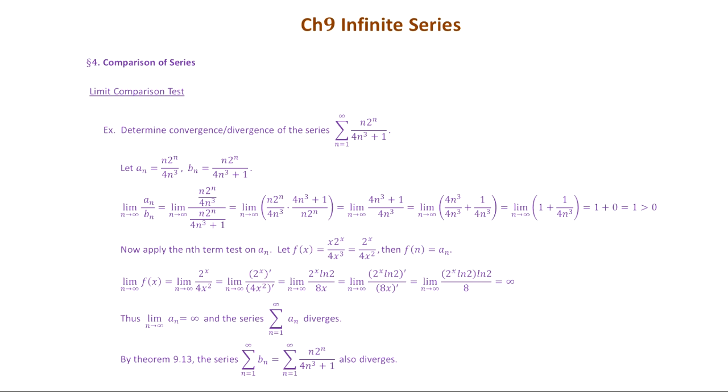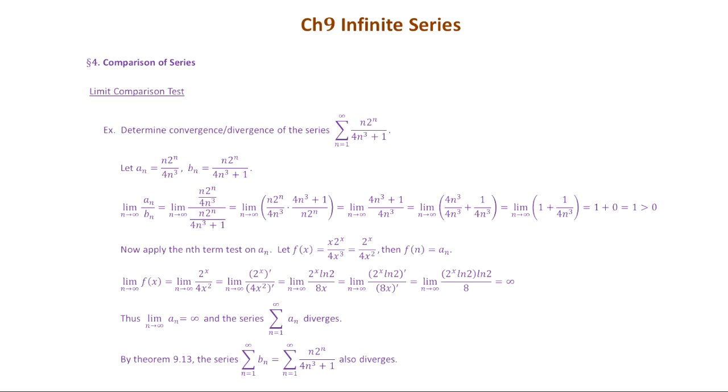Also, the bottom, 4x squared, blows up because x approaches infinity, so you square it and it approaches infinity also. So we can evaluate the limit of f as x approaches infinity instead of n. I'm sorry, that's a typo in here. It should be the limit of f as x approaches infinity. It's just 2 to the x over 4x squared.